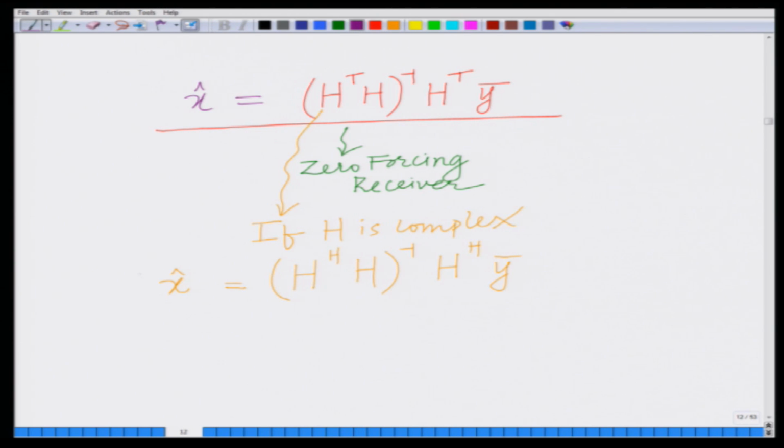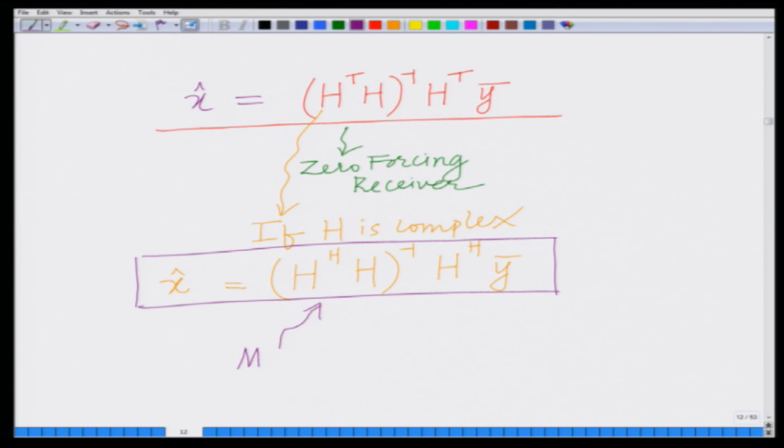This is the MIMO zero forcing receiver, also known as the ZF receiver.